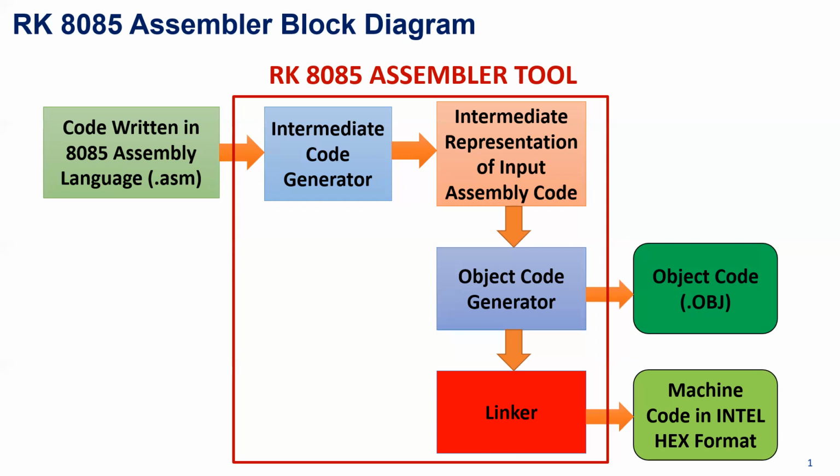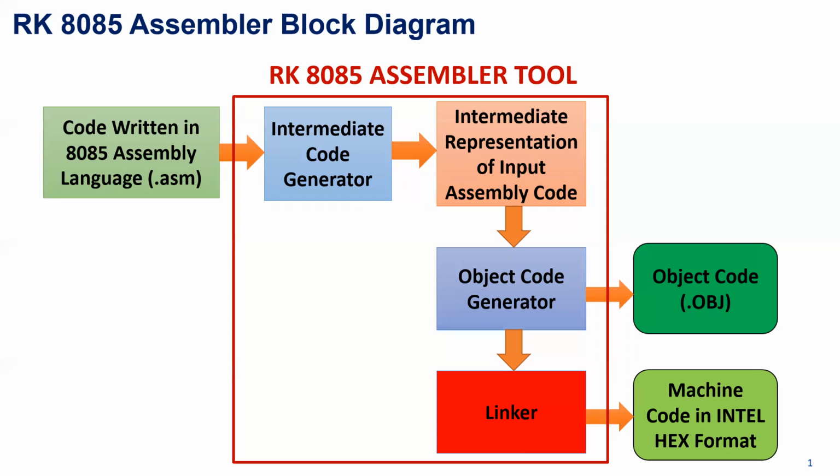I have used Intel 8085 for my model, and you have to write assembly code in 8085 assembly language, and your code must be syntactically correct. As I have already mentioned, syntax analysis was not my focus, so I ignored it.